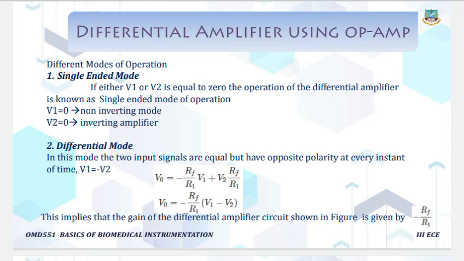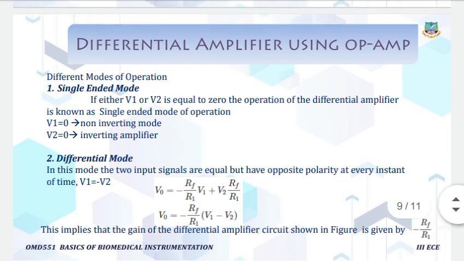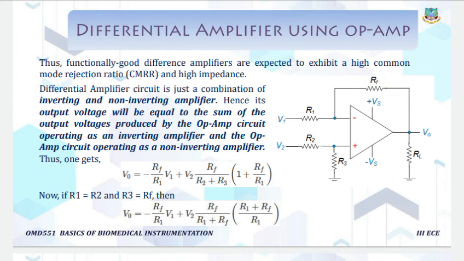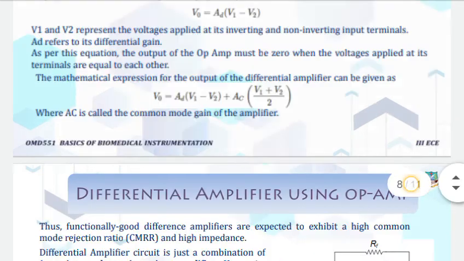In general, we can write this as minus RF by R1 into V1 minus V2. So the gain of the differential amplifier circuit is shown in the above figure. This RF by R1 is the gain of the differential amplifier. What is RF? That is the feedback resistance.